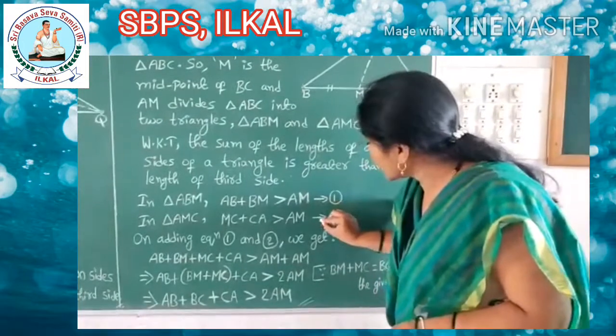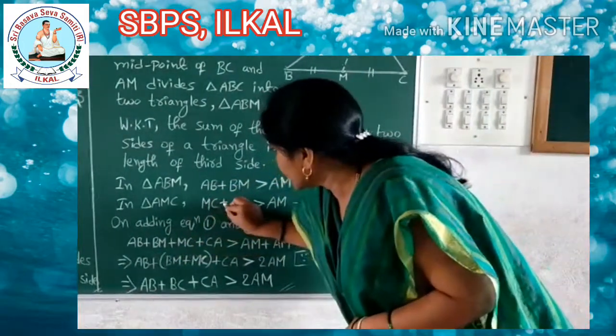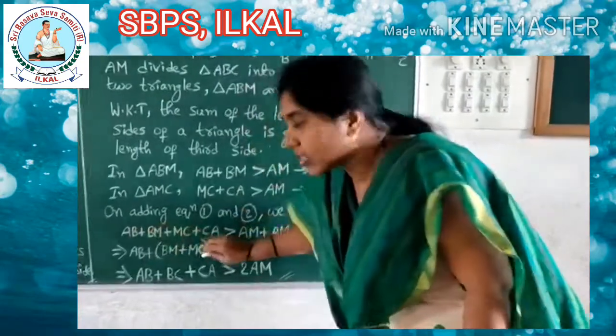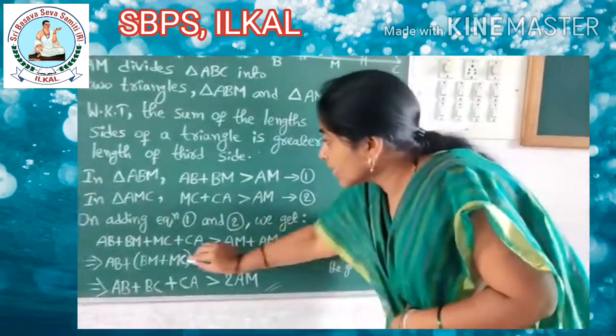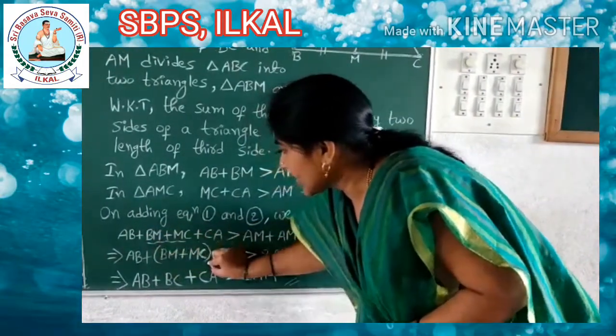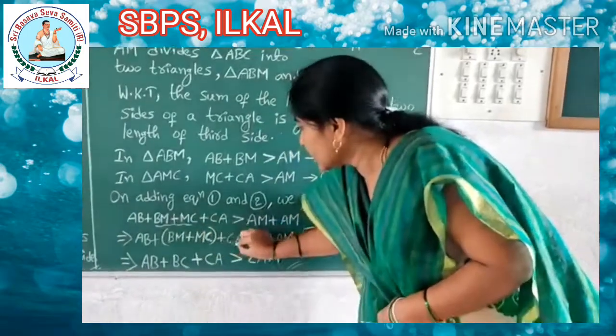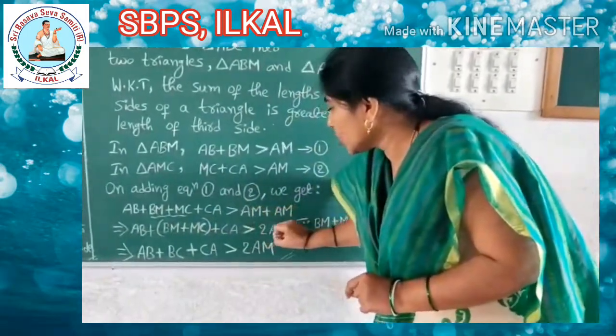On adding equations 1 and 2 we get AB plus BM plus MC plus CA, both we add, children, which is greater than AM plus AM, 2 times AM. Then BM plus MC, these two I have put in brackets, and the remaining terms I have written as they are. AM plus AM is 2AM.